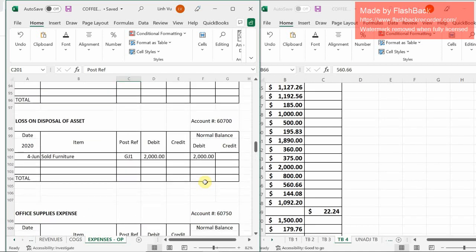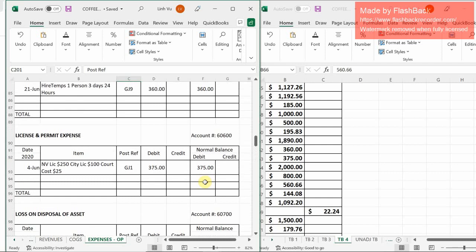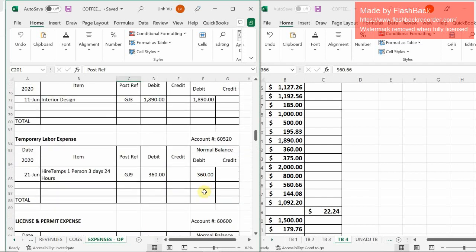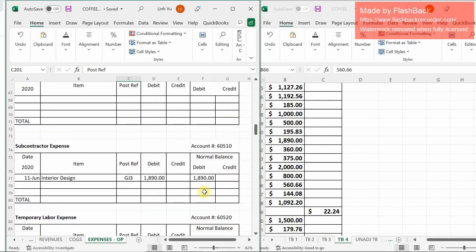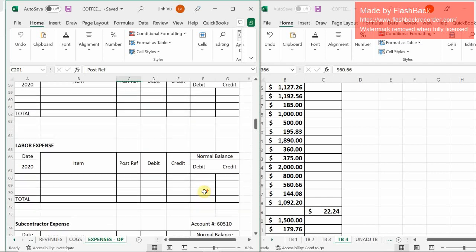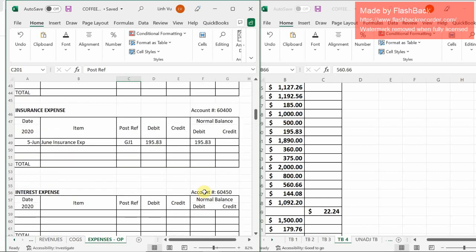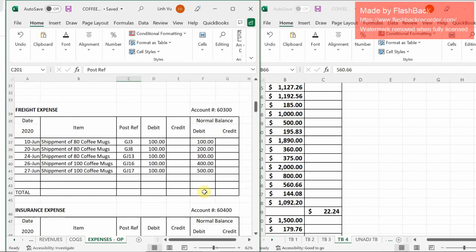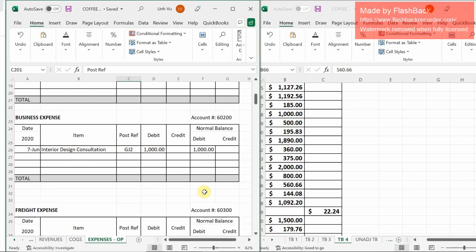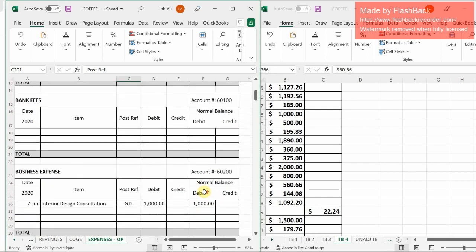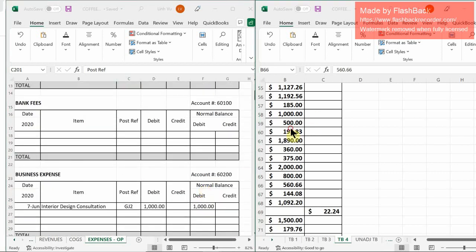Loss is $2,000. License, temporary, all of those are the same. $195.85. $500 for my freight. $1,000 for business, and $185. So my expenses are the same.